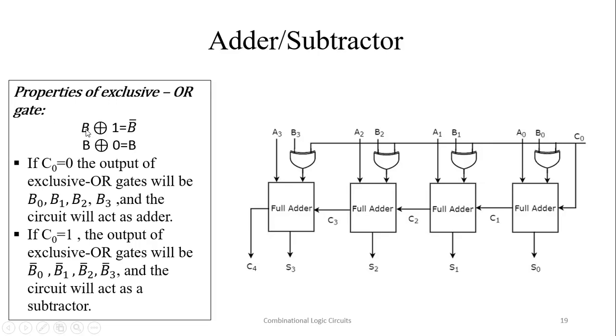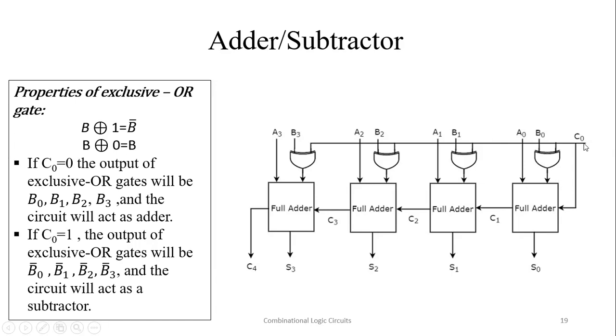If we exclusive OR B with 1, we get B bar. So if C0 is 1, then we will get B bar here, and we will get subtraction. If B exclusive OR 0 is equal to B, so if we make the initial carry 0, the output of this will be B0.